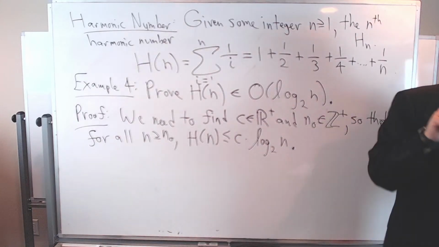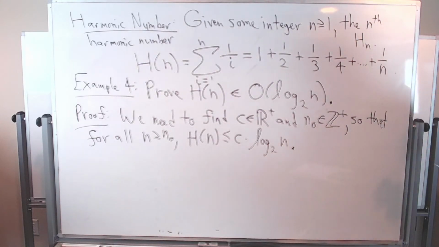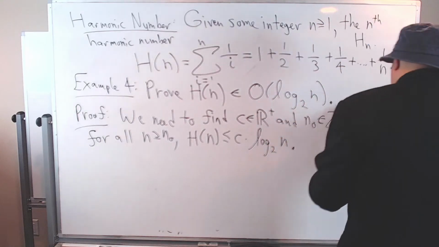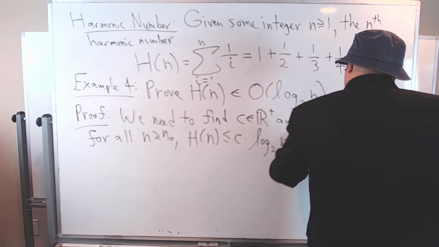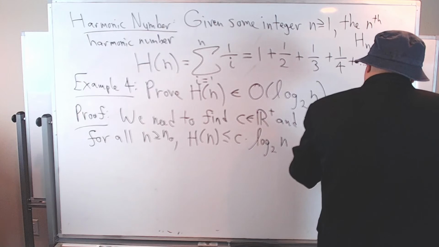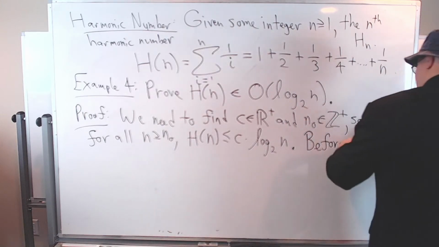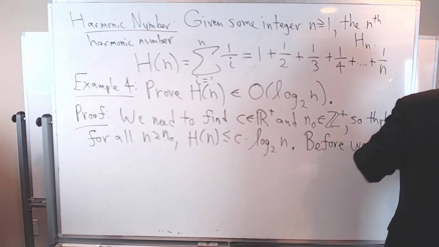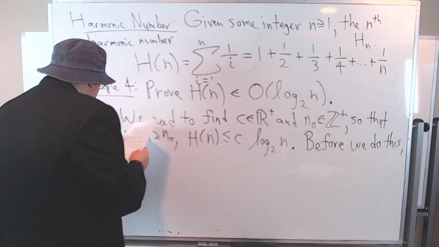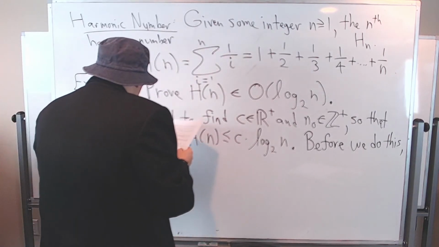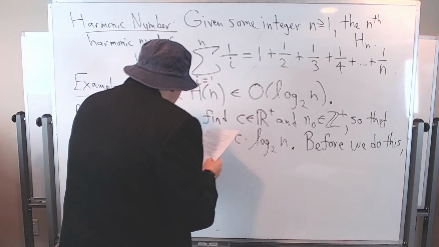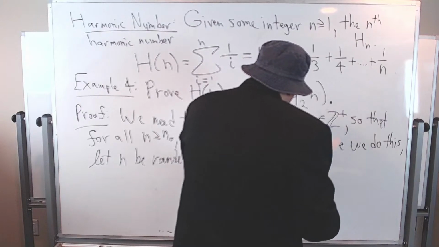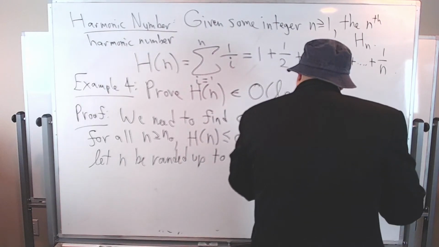Now, what I'm going to do next is the big trick that's going to make things a lot easier for us. So just follow this very carefully. Otherwise, I would have to make more assumptions. Before we do this, let n be rounded up to the next power of 2.